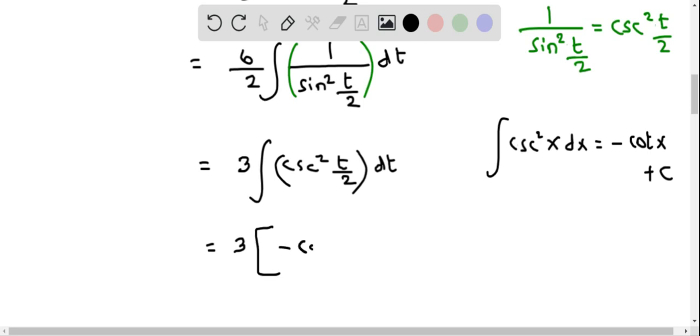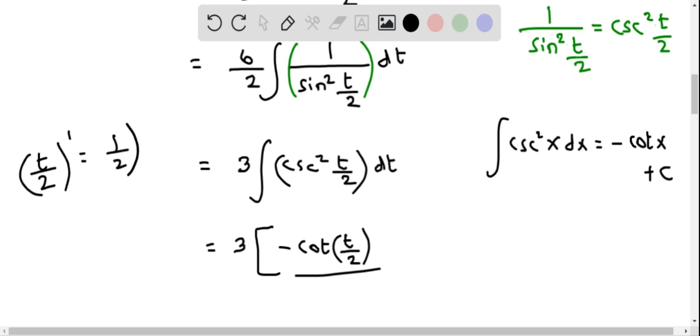So it is negative cotangent. Here we have t by 2, so I put this as negative cotangent of t by 2. And this has to be divided by the derivative of t by 2. That is, the derivative of t by 2 equals 1 by 2. So we divide by this number, and then we put this integration constant c.